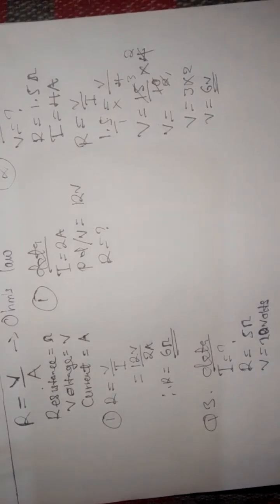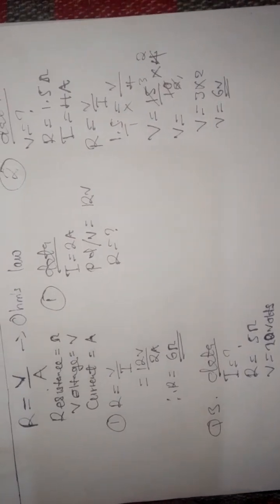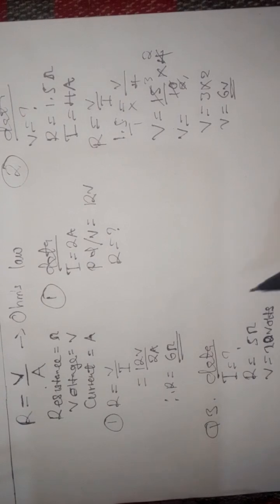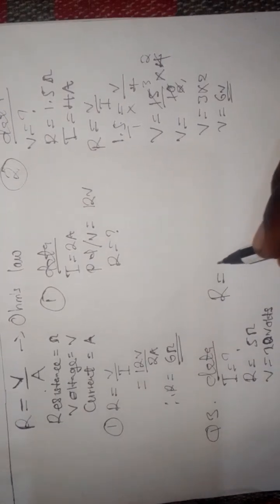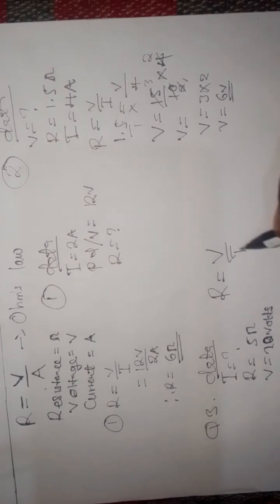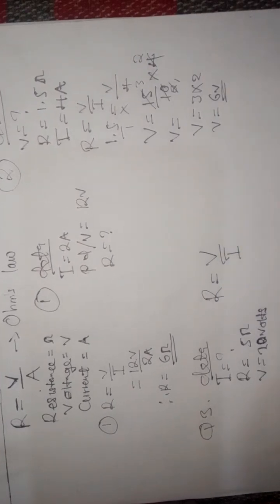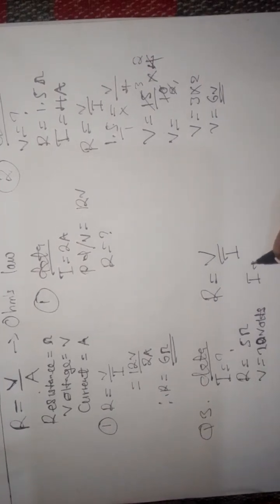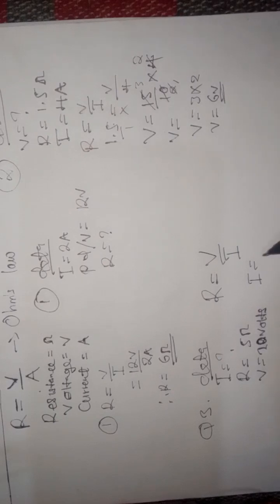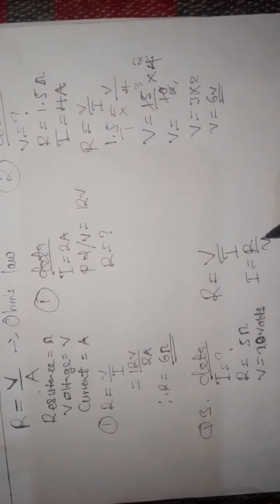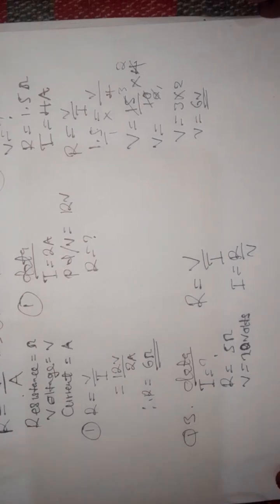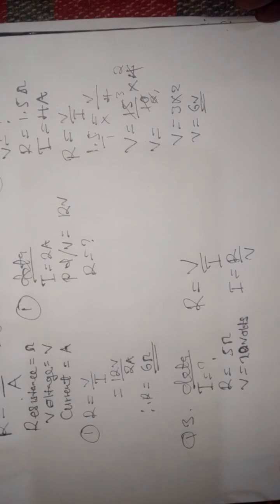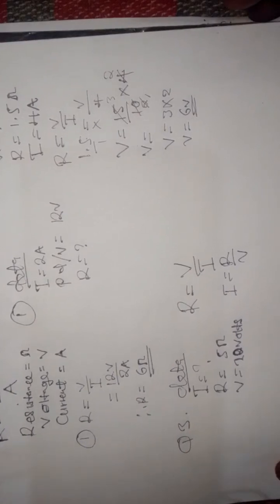Then they have asked us to find the current. We can say resistance is equal to voltage over current. If you want, you can just substitute the values, if you don't know how to make current the subject of the formula.